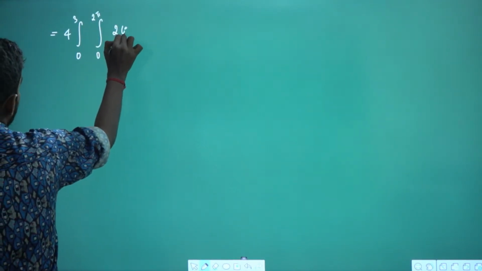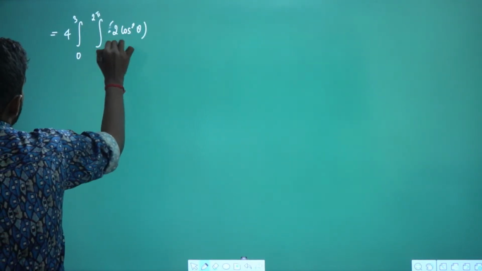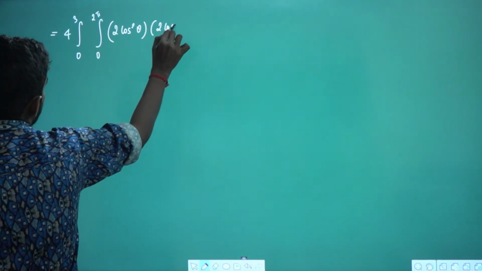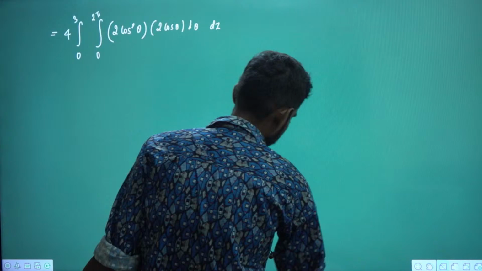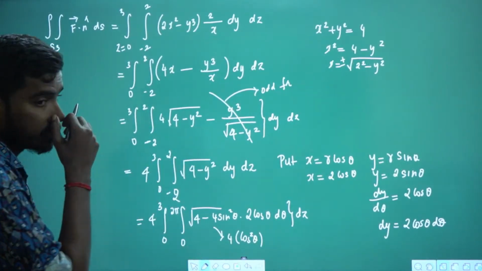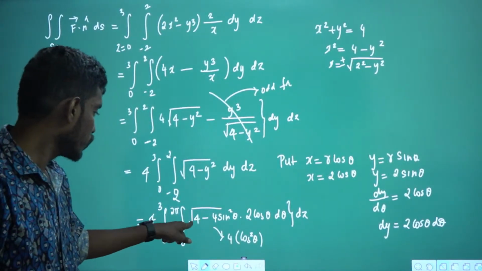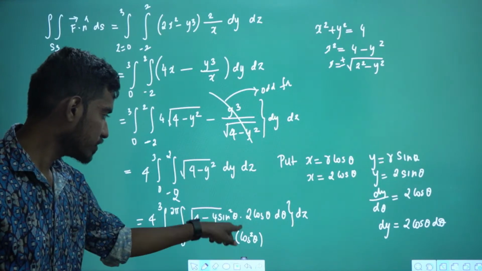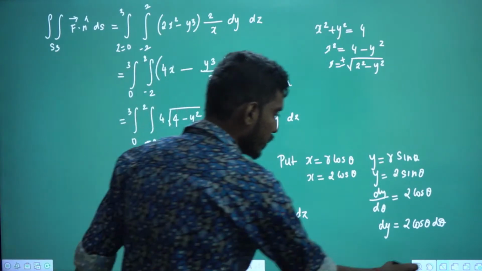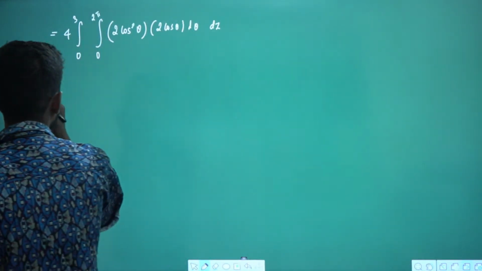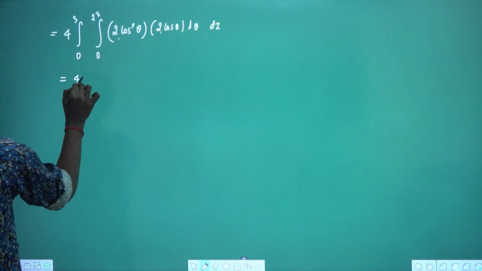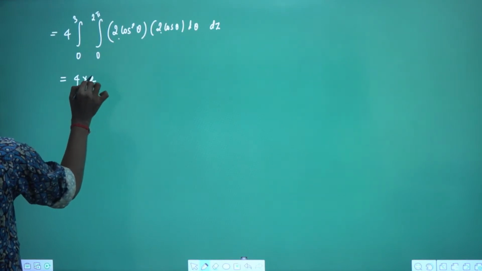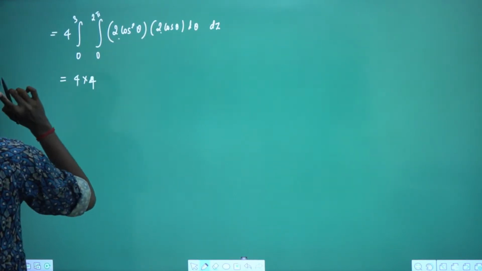Already we have 2 cos theta outside into d theta, so 2 into 2 is 4, and 4 is already multiplied by 4 again.